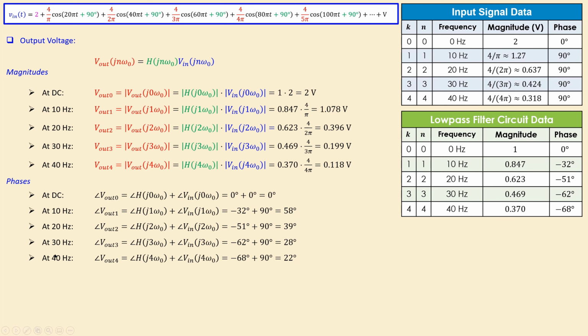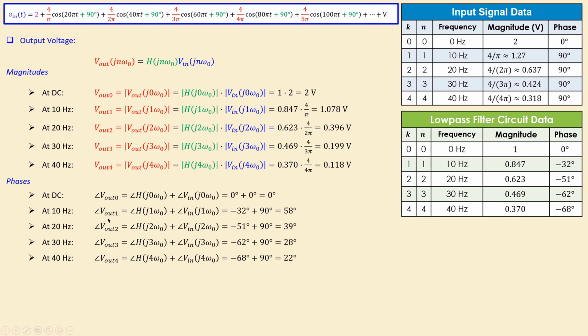So for each frequency again, you can determine the phases. What do we have for DC? I know at DC for my low pass filter, the H was 0 degrees. You can see that also here in this entry, first row. The first row for my input signal was also 0 degrees. For n is equal to 0, I do 0 degrees plus 0 degrees, which is very simple, 0 degrees.